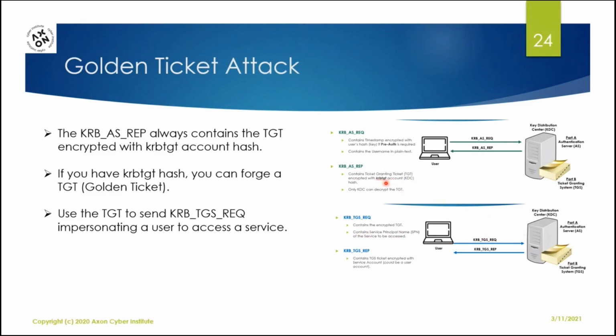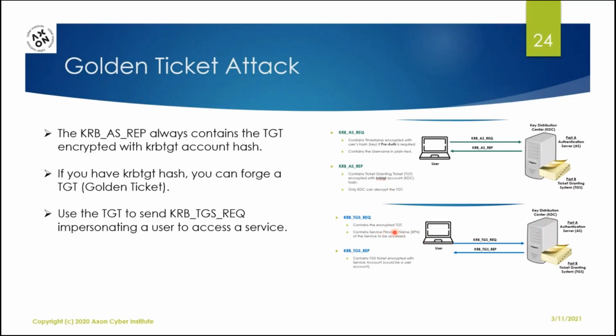Now, since I already have the hash of the krbtgt, I can create a TGT ticket and simply jump directly into step number 3. So I skip step number 1, I skip step number 2, and then I go to step number 3, and I send that TGT, encrypted with the krbtgt account hash, which I cracked. Now, the moment I send this, I can claim to be anybody.